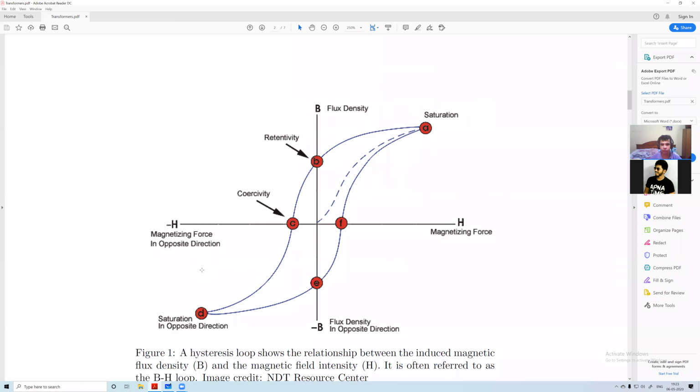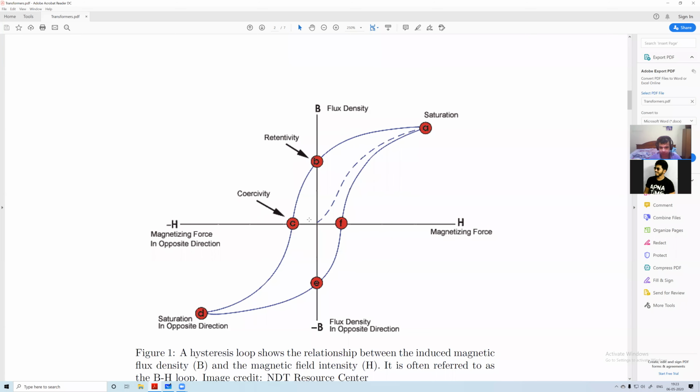Have you seen this figure before? What you can see on the screen is this BH curve, right? So what does this signify? I am using some current to generate some flux. So we start from the origin where the current is 0, so both H and B are 0. Now if we increase H, B does not increase linearly.